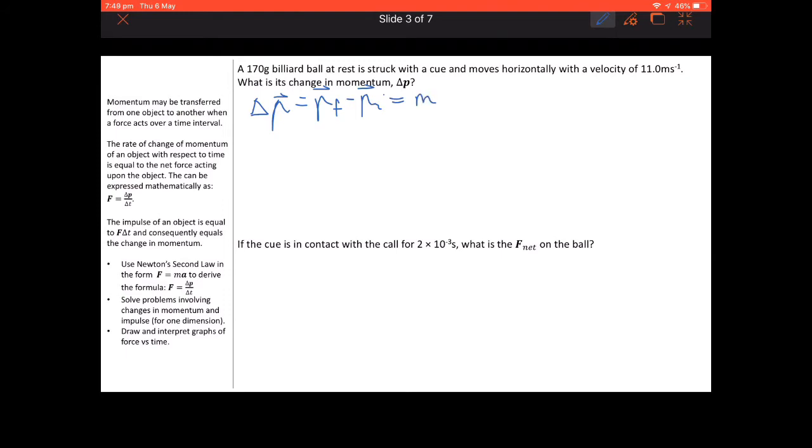the mass of the billiard ball times the final velocity of the billiard ball, and then minus the mass of the billiard ball times the initial velocity of the ball.